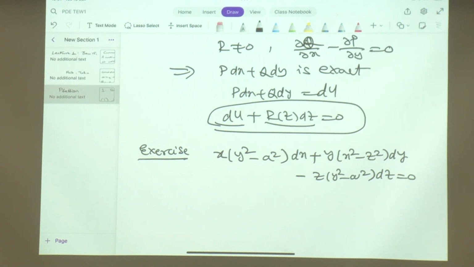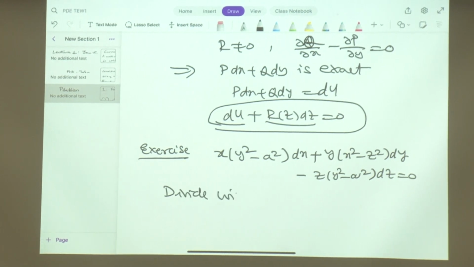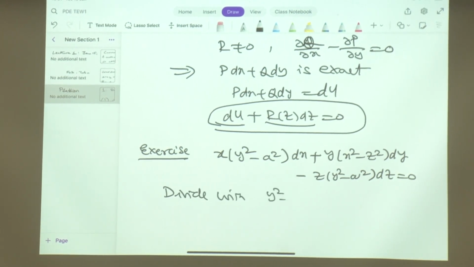First you divide with those factors, y square minus a square, and x square minus z square. Don't worry, just divide with it, then you will be in a good position.